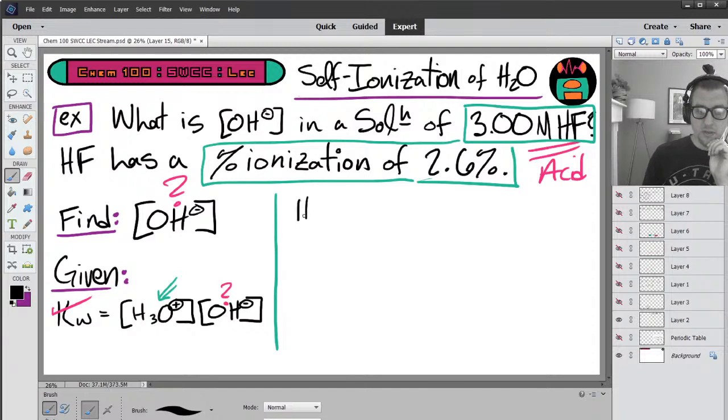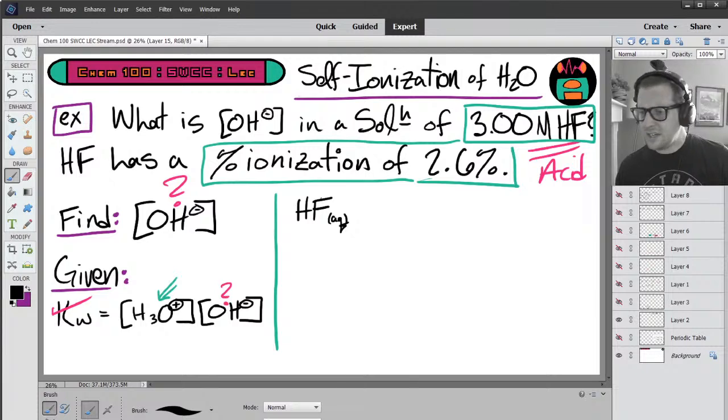Remember, so actually, give me 1 second here. Yeah, we covered percent ionization last time.